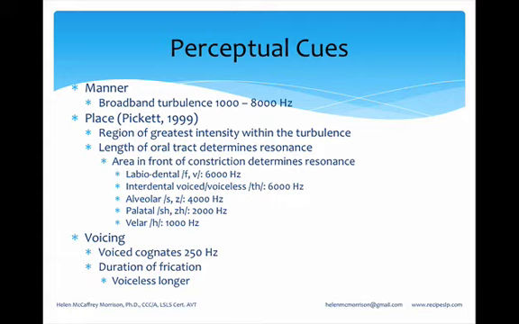Now we can apply some tube resonance principles here to predict how that's going to work out. When we were talking previously about nasals, I said that the resonance of the vocal tract was determined by the length of the vocal tract tube behind the point of constriction. Now I'm going to flip it.